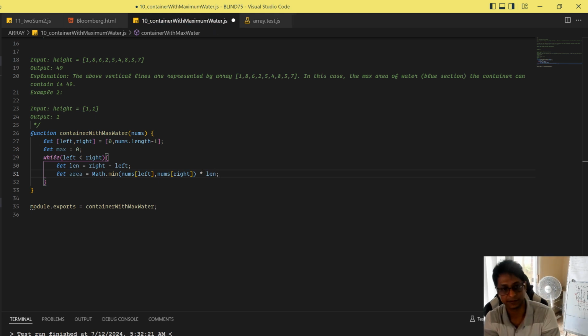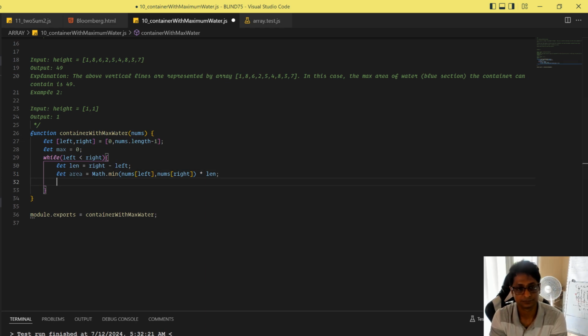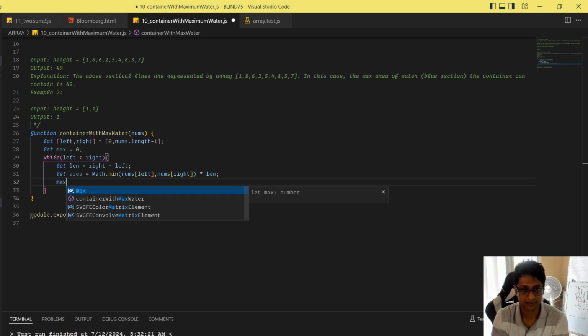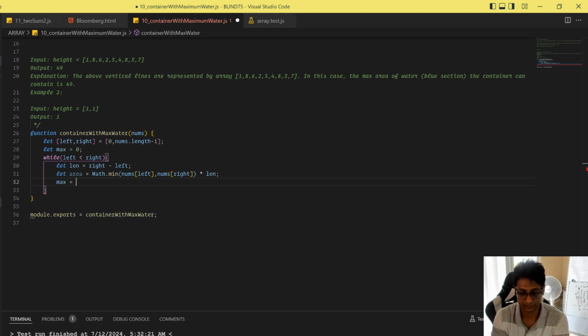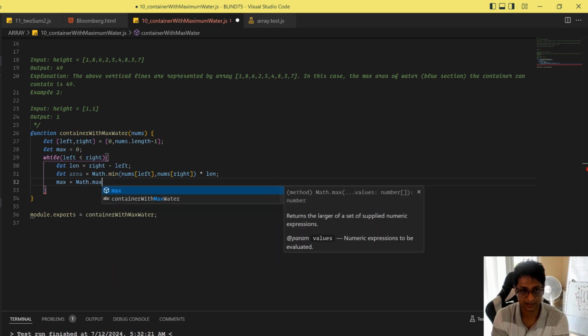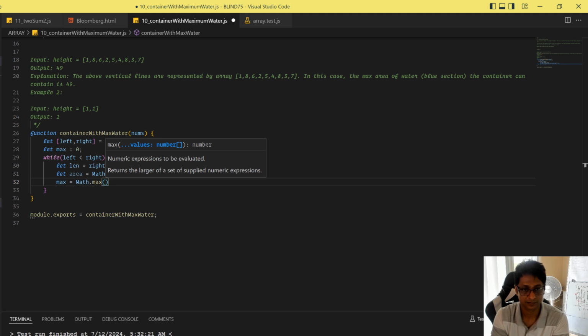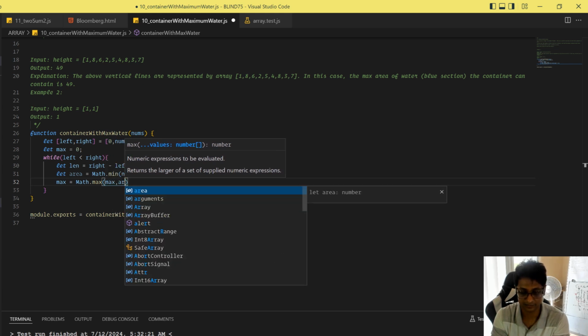This will be our area, and max equals Math.max of max and area.